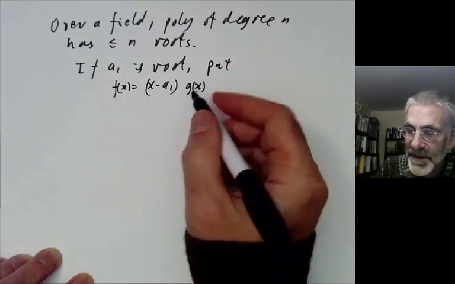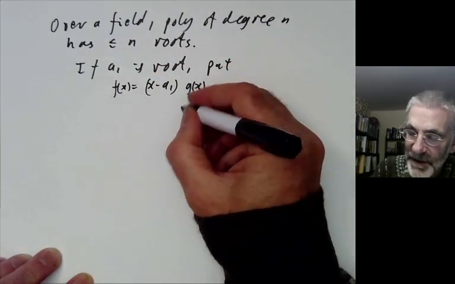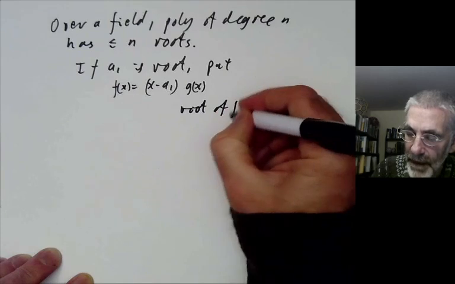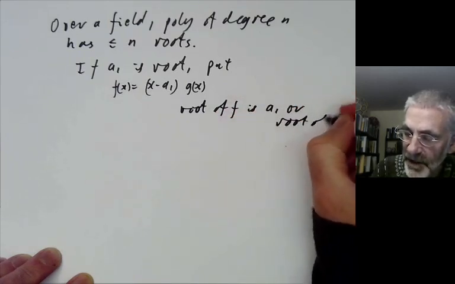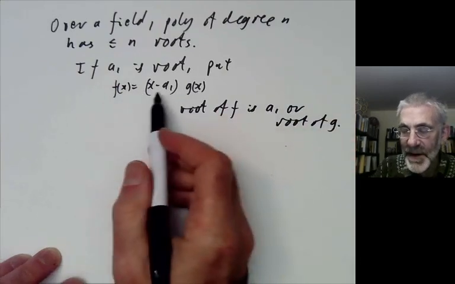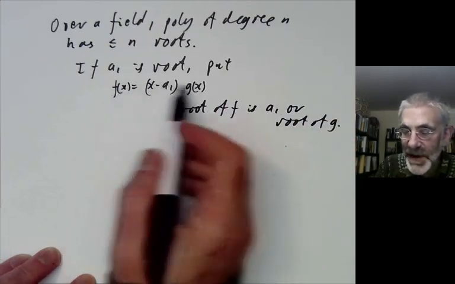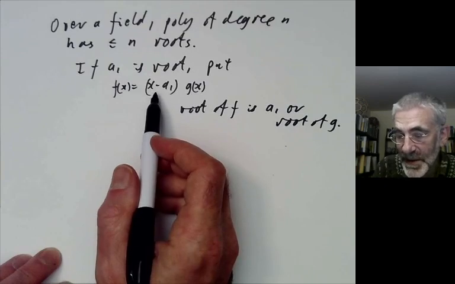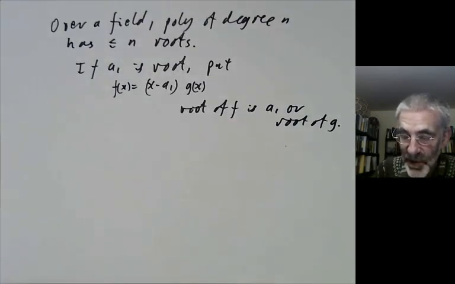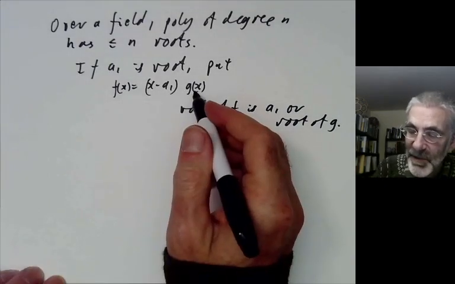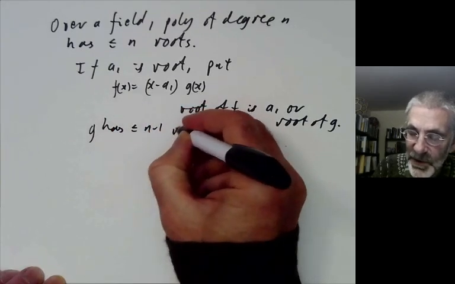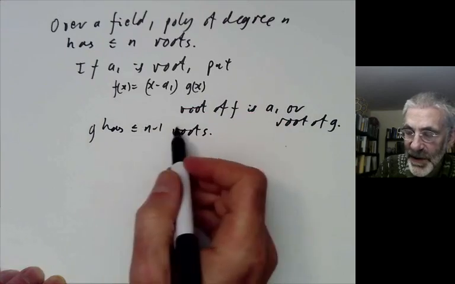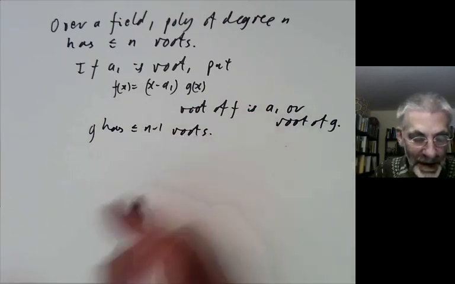And now we notice that any root of f of x is a1 or a root of g. And you have to be a little bit careful here, because here we're using the fact that there are no 0 divisors. If there were 0 divisors, this bit would break down a bit. And then we just apply induction, so g has at most n minus 1 roots, because g has degree at most n minus 1, and so on.